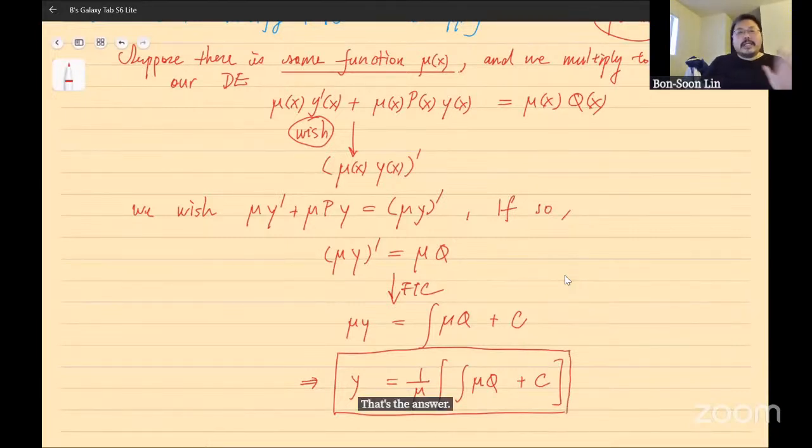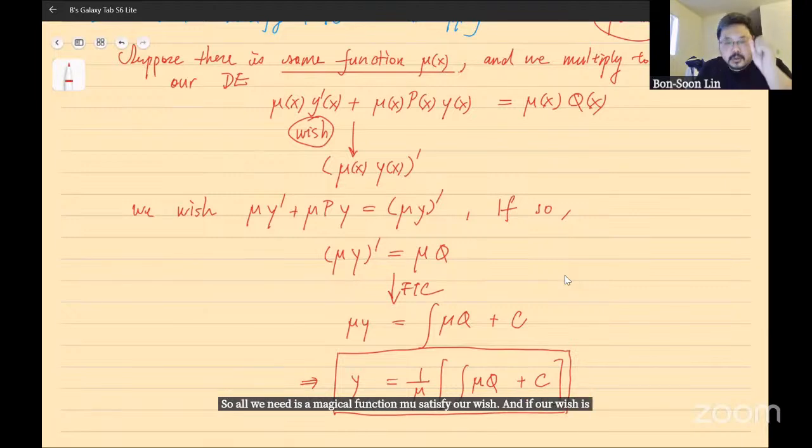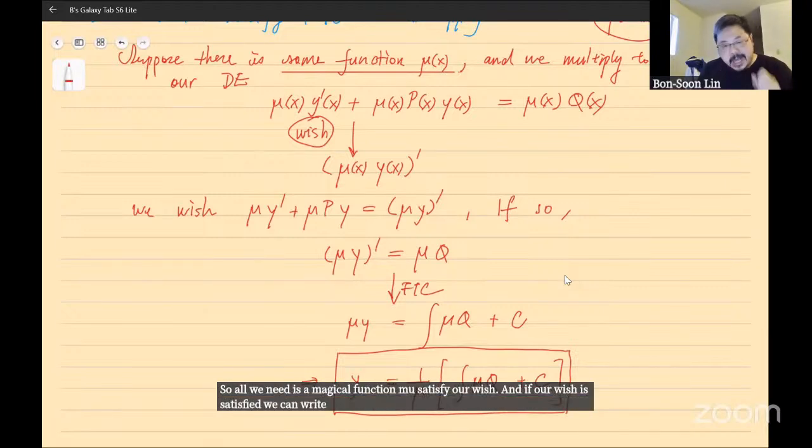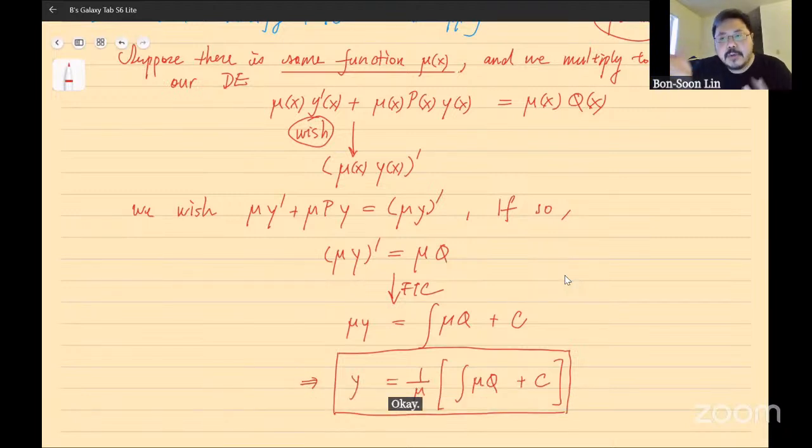So all we need is a magical function mu that satisfies our wish. And if our wish is satisfied, we can write down the answer directly. The answer is just 1 over mu times this integral of mu q plus a constant c. Okay? So how can we make this wish come true? So let's see. Let's look at our wish.